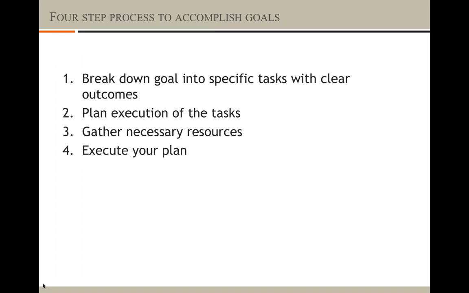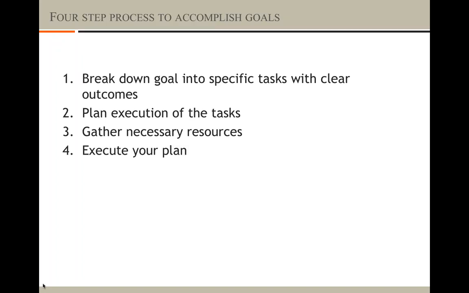Then we have to think about planning for the execution of the tasks. And then we have to get the right resources in place for execution or accomplishment of the goal. And then the fourth step is to actually work on the execution of the plan and see where the roadblocks and risks are. So execution is the last step, and the second and third steps are more related to planning and gathering the right resources.